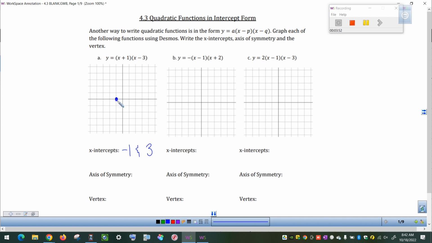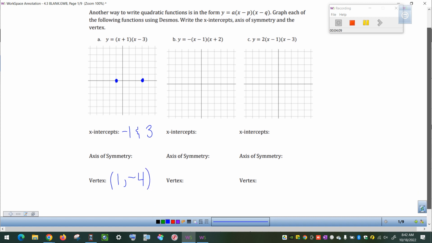So let's go ahead and plot a point there at the x-intercept of -1. We also have an x-intercept of 3. I'm also going to notice down here at the bottom the coordinates of the vertex. It was 1, -4. So I'm going to go ahead and show that here on the graph. One space to the right, down 1, 2, 3, 4 spaces down.